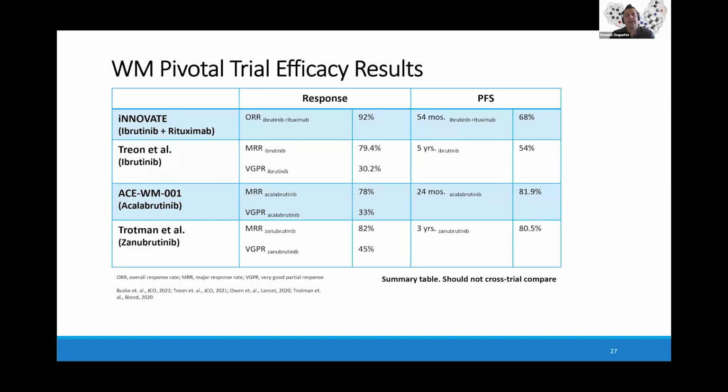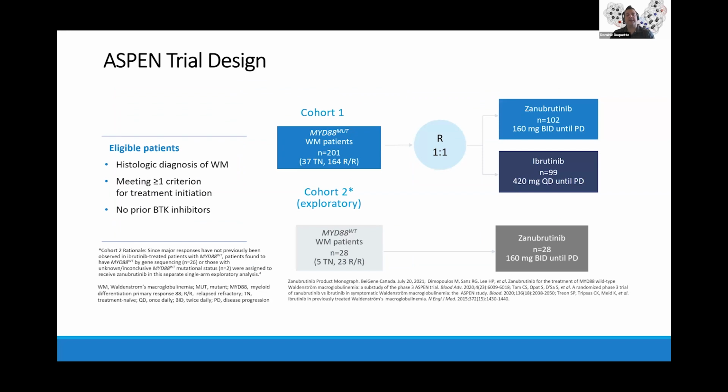So you do here have an idea of the response. So BTKis do work and do have good response rates, and certainly good PFS at 3 years, around 80% for the zanubrutinib trial. Now, the ASPEN, which was a head-to-head comparison, was really interesting.